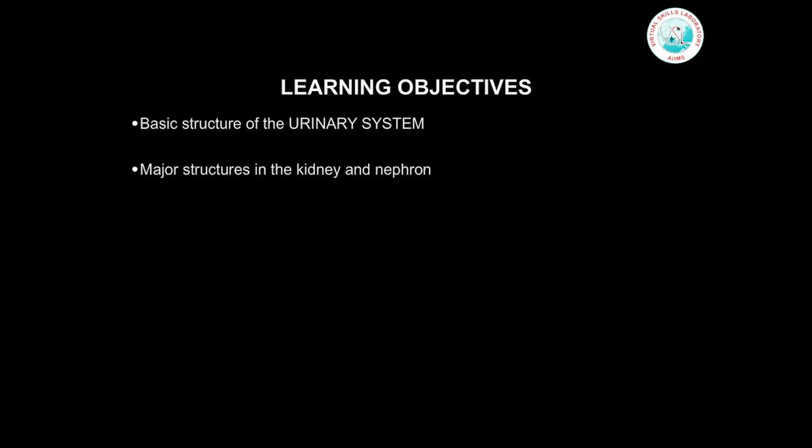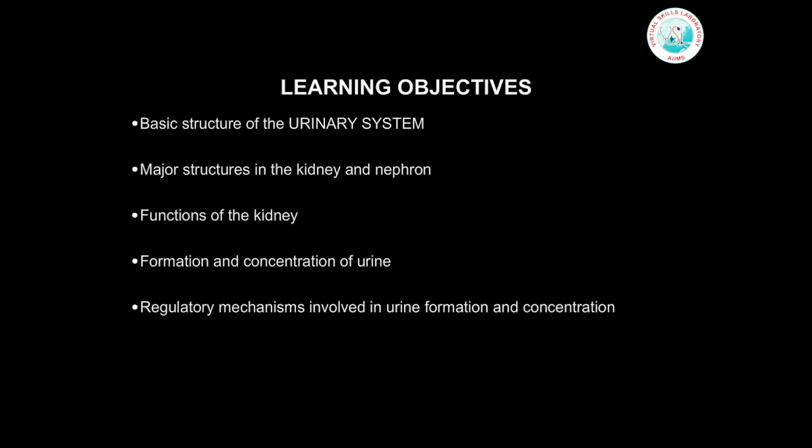By the end of this session, you will be able to describe the basic structure of the urinary system, make a labeled sketch showing major structures of kidney and nephron, list the functions of the kidney, know the processes involved in urine formation and concentration and where they occur, explain the regulatory mechanisms that control these processes, list the renal function tests, and describe the gross and microscopic structures of the ureter, urinary bladder, and the urethra.